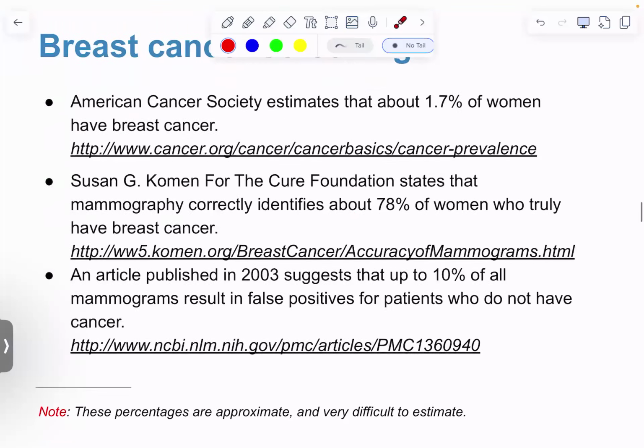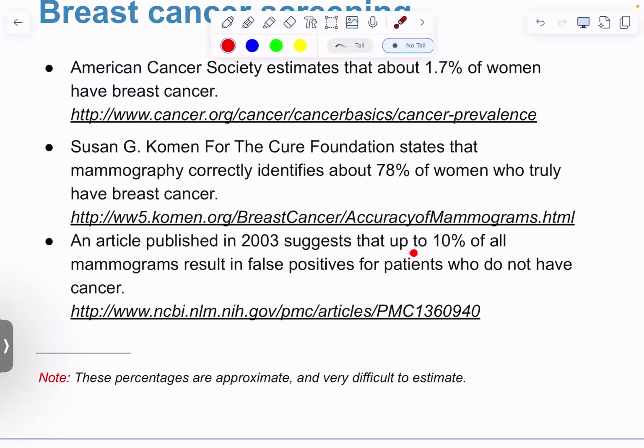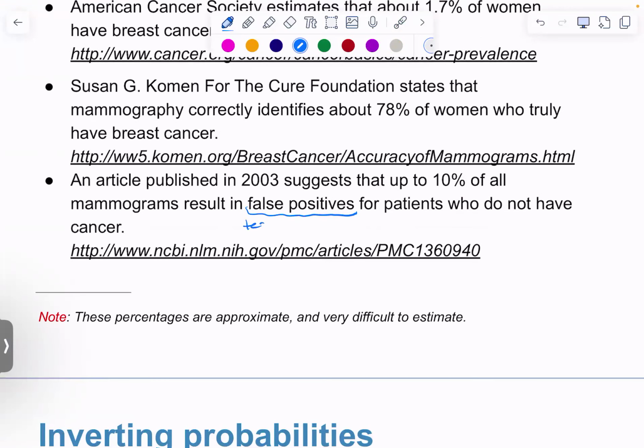And an article published in 2003 suggests that up to 10% of all mammograms result in false positives, right? What's a false positive? For patients who do not have cancer, this is testing positive when we shouldn't.